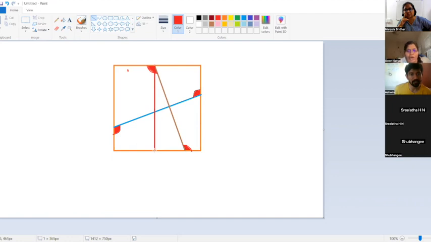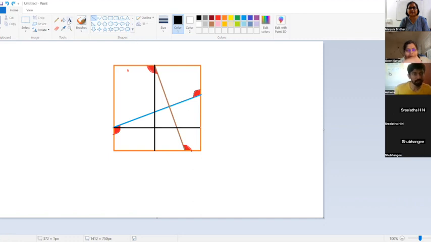Similarly, draw a perpendicular from this other point. Blue line should be the hypotenuse. Make a right angle triangle. Oh, okay. These two are congruent. All three angles will be equal.